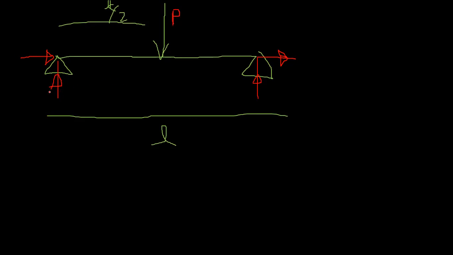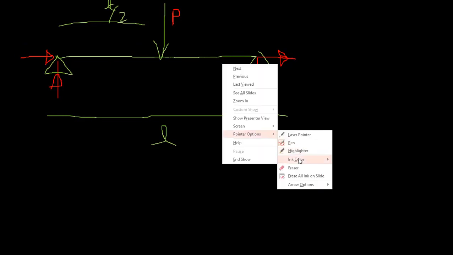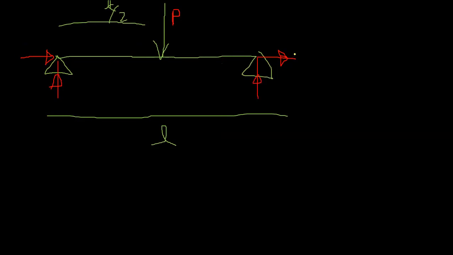If you consider the system, the available number of reactions in the horizontal direction is only these two, but this beam does not have any horizontal loading. So then these forces will actually be how much?